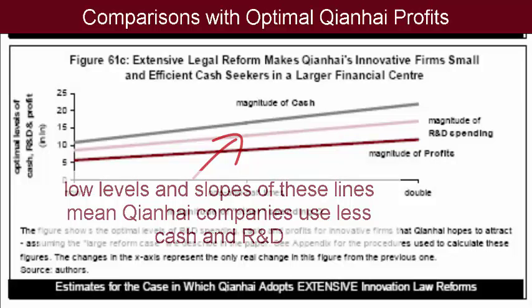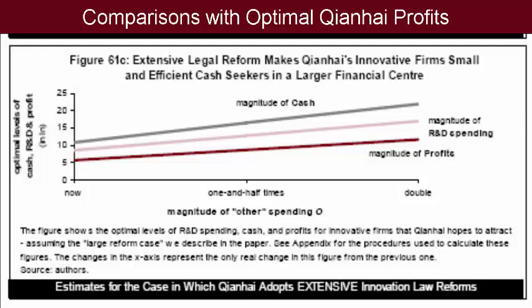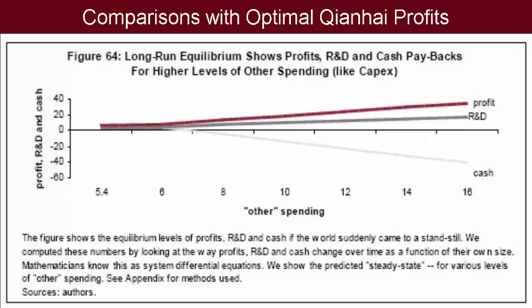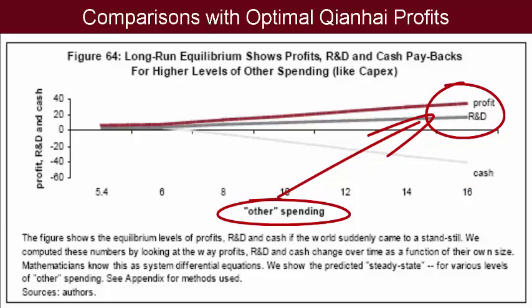This suggests that these companies become far more efficient at using research and development resources in order to generate cash and profits. We see, unsurprisingly, that cash investment in these companies declines as they engage in other types of spending. We see that other types of spending not only increase optimal profits, but also increase optimal levels of R&D.